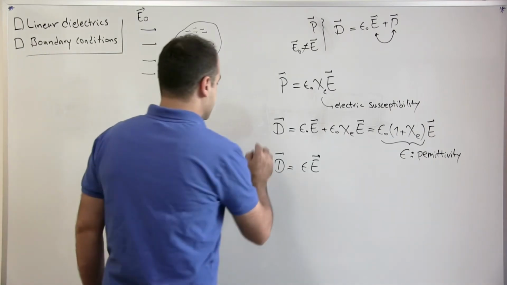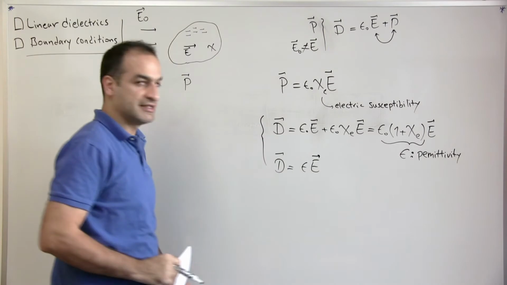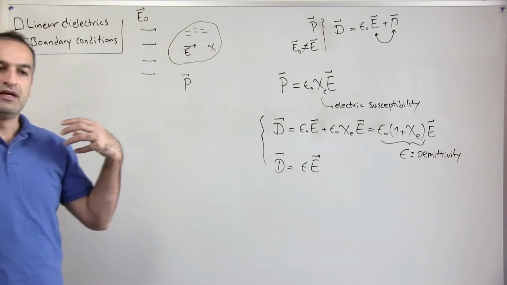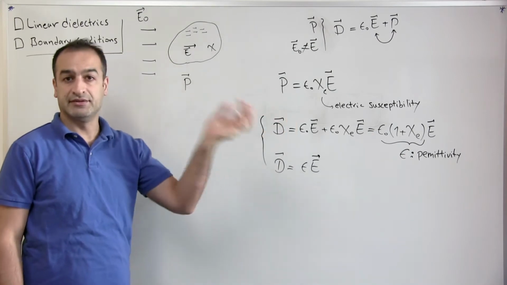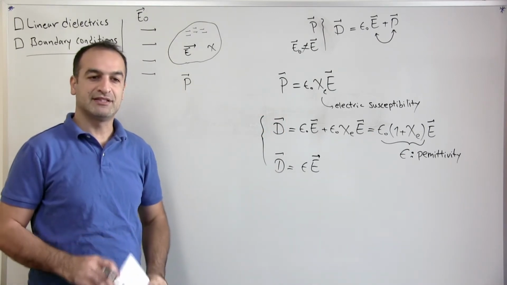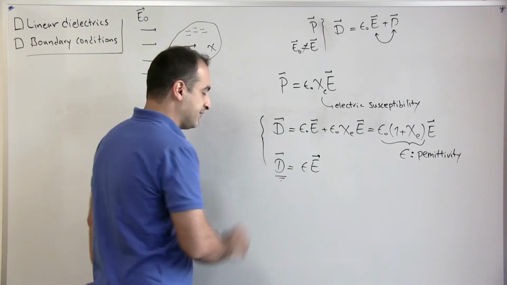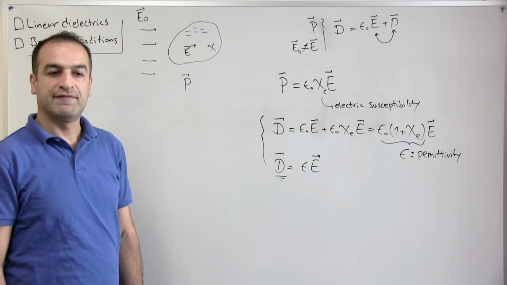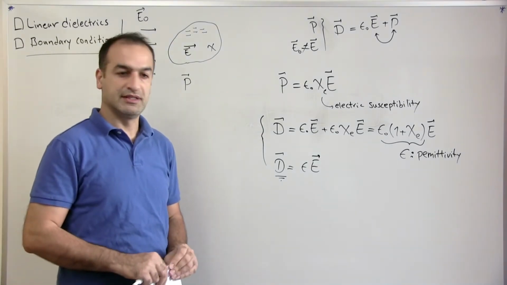Okay, so with this set of equations, in a lot of cases, we can easily move on from whatever charge distribution we have. We can calculate D and we can calculate E as well. And I hope you remember from last Tuesday's lecture that D follows Gauss law if we only include the free charge distributions in the problem.